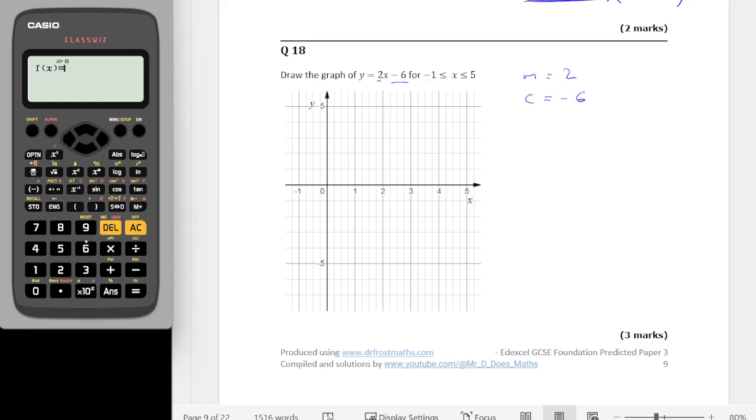So the function that I'm looking at is 2x minus 6. I want to start at minus 1, and I want to go up to 5. And I want to go in steps of 1, so that's my table of values.